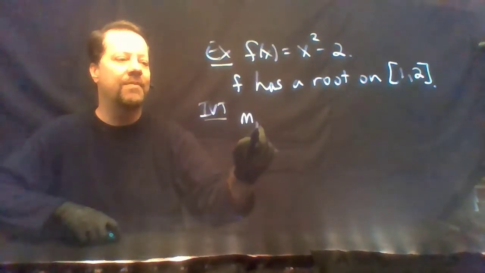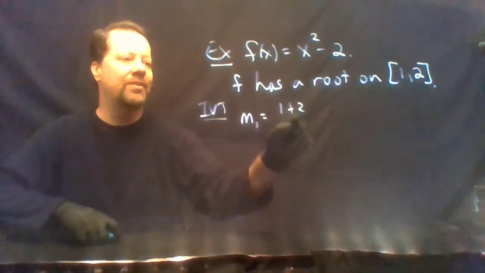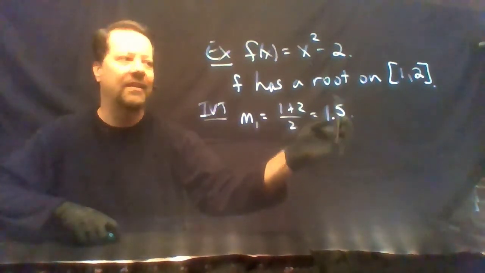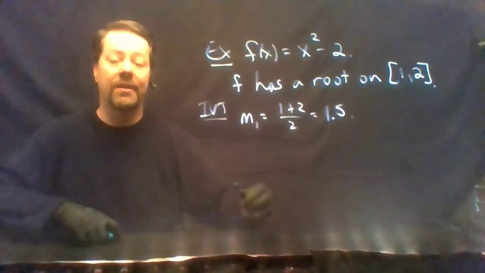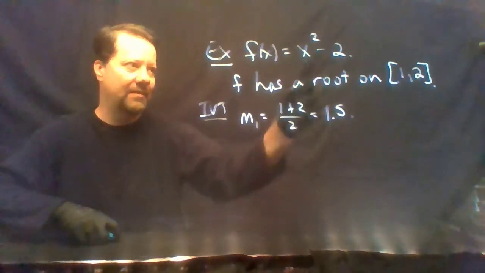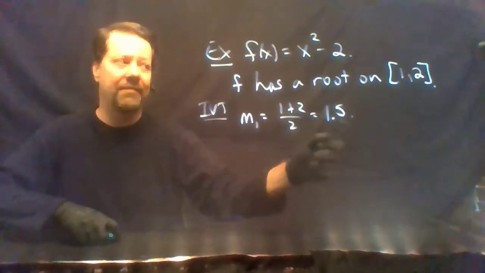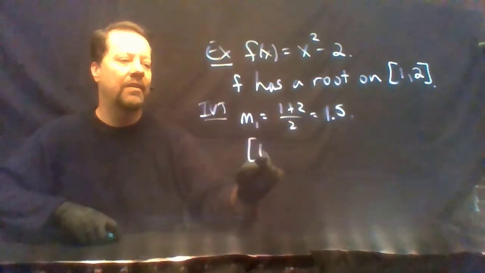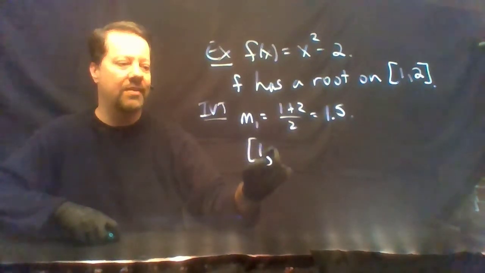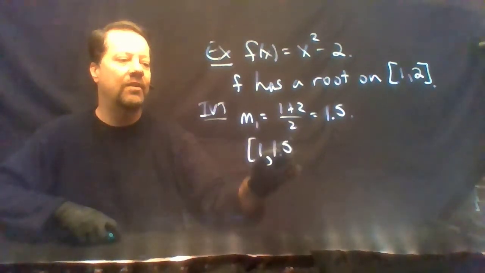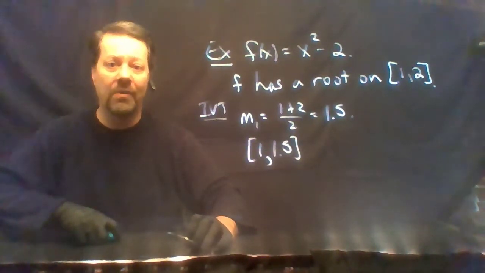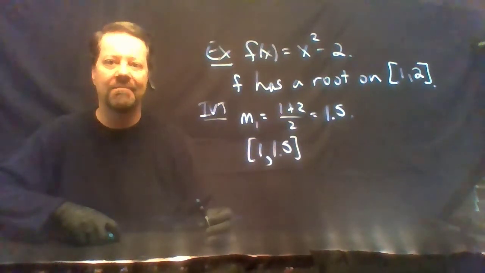Our first midpoint is 1 plus 2 over 2, or 1.5. 1.5 squared is 2.25. Minus 2, you get a positive value. From there, we'll throw away the 2 and assert that the root exists on the interval from 1 to 1.5, which you know is true because the root is 1.414 approximately.